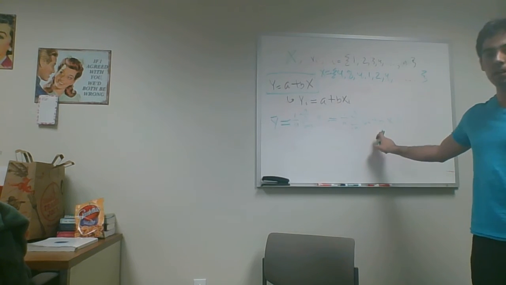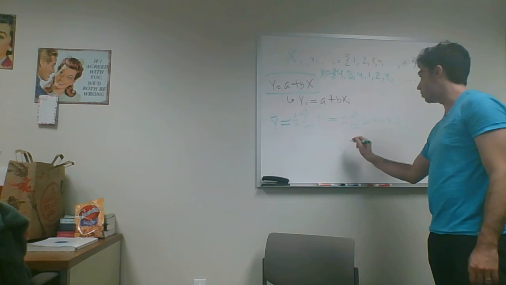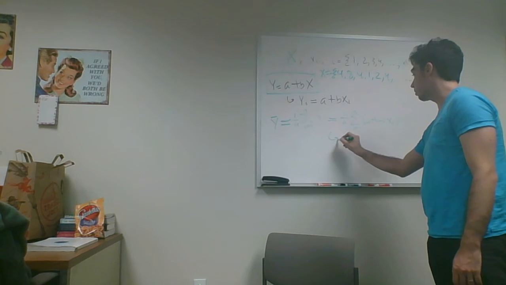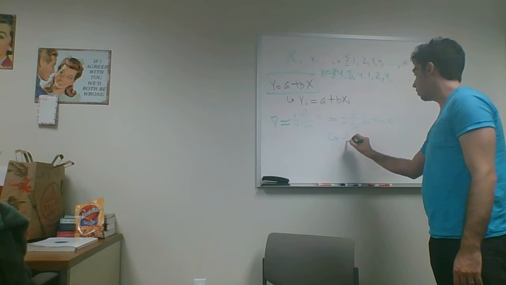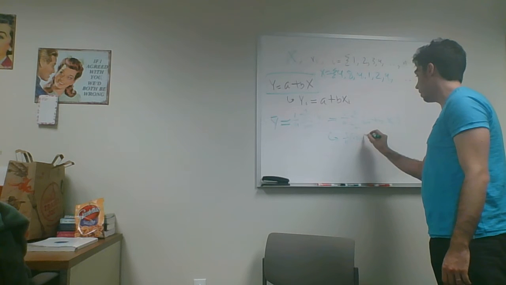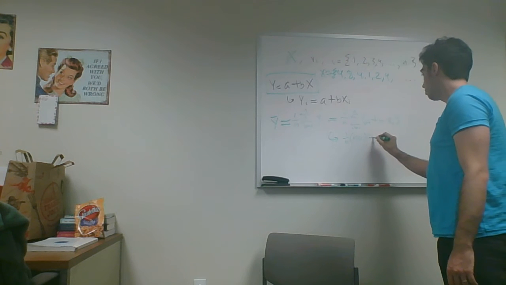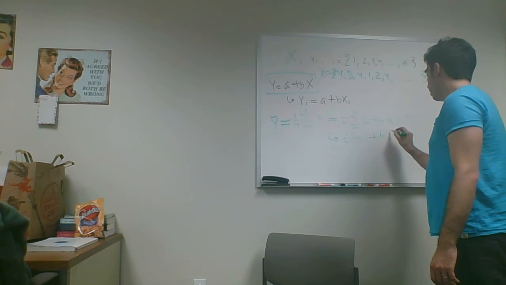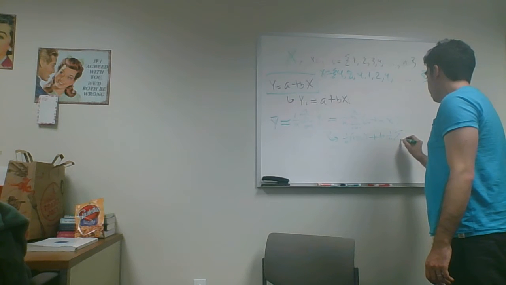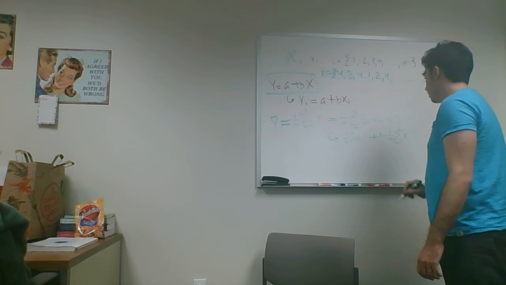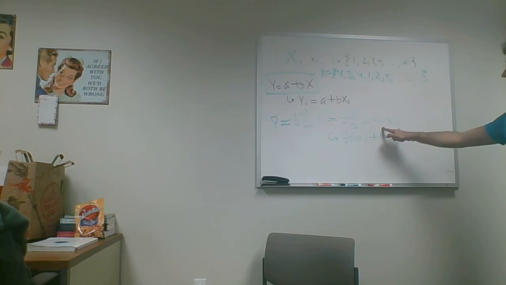So remember that a and b are constants. When you distribute a summation sign across constants, it's going to look like this. So like 1 over n times na, because when you sum a constant n times, it's just going to be n times a, plus b times 1 over n sum 1 to n of the xi's, because when you have a constant times a variable with the summation sign, you can just pull out that constant.